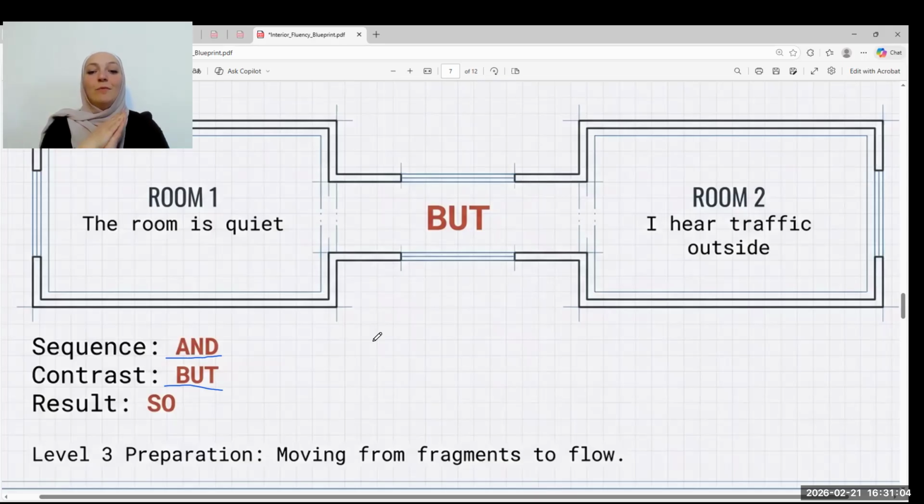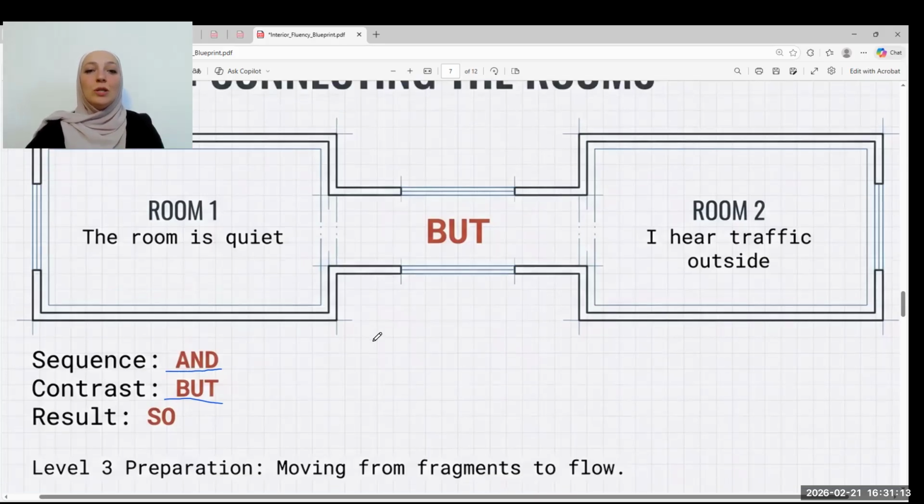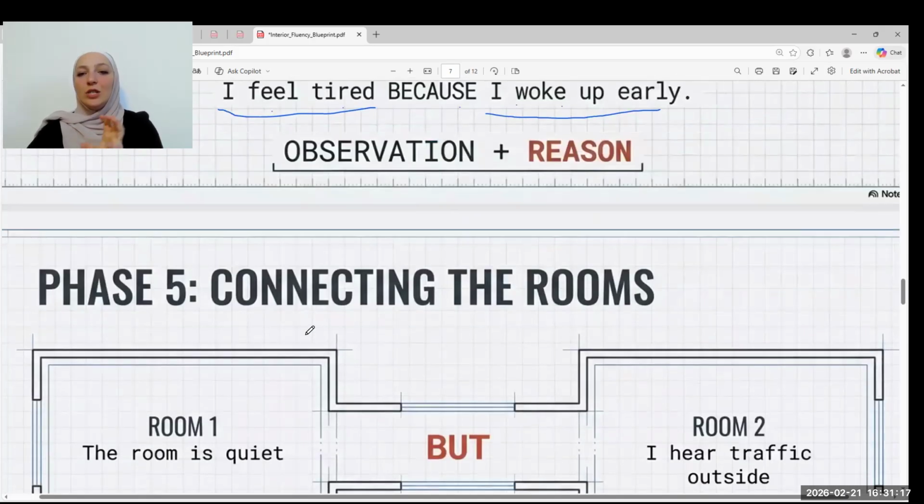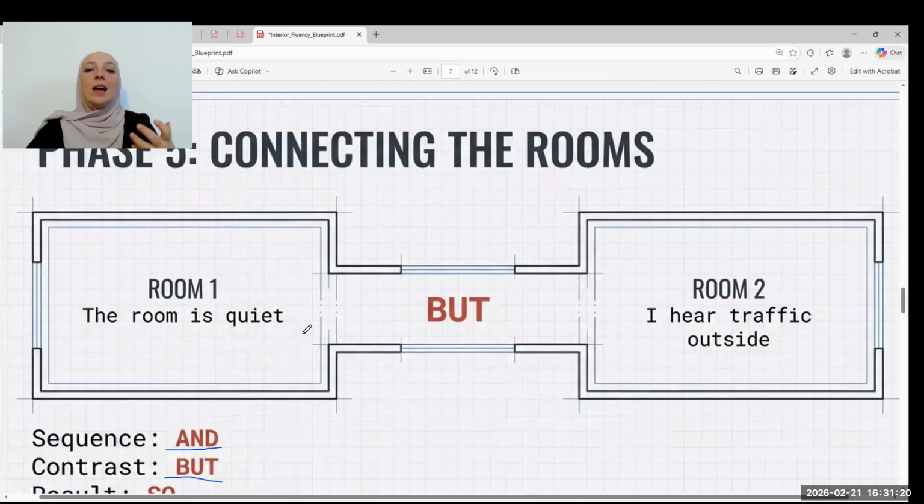For moving from fragments to flow، شفتوا كيف بلشنا من material، زدنا صفة، بعد الصفة زدنا السنس، بعد السنس زدنا شو؟ زدنا reason، structural integrity، observation، reason. Then we're adding what?